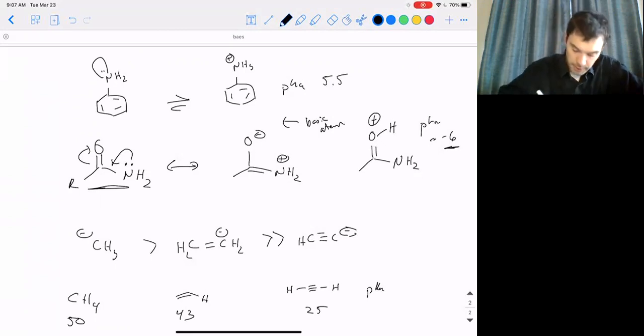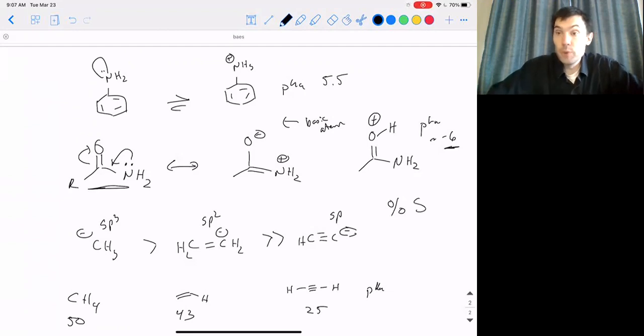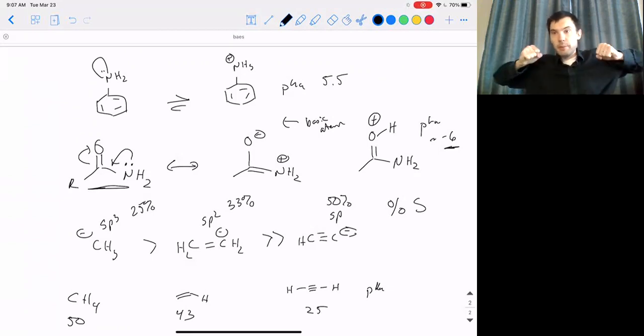And as you go from sp3 hybridized to sp2 hybridized to sp hybridized, the percent S character in those orbitals goes up, from 25% to 33% to 50%. This is important because the p orbitals are kind of dumbbell shaped, right?